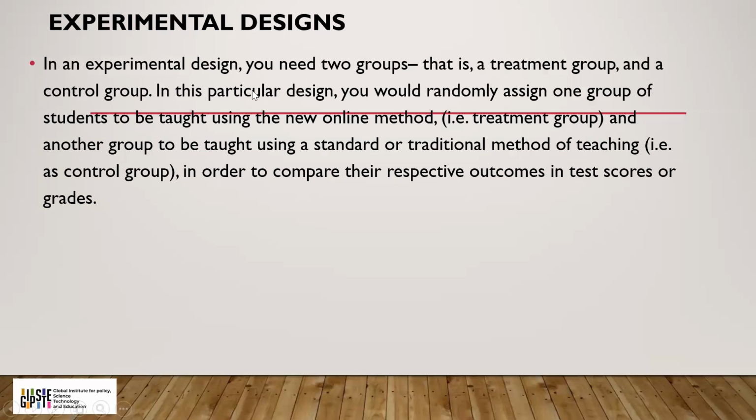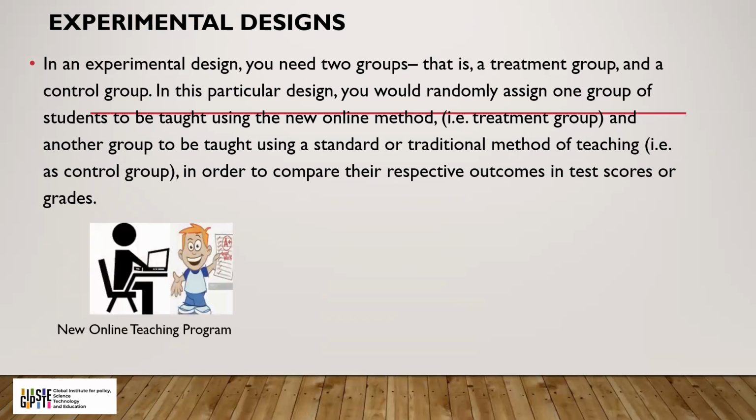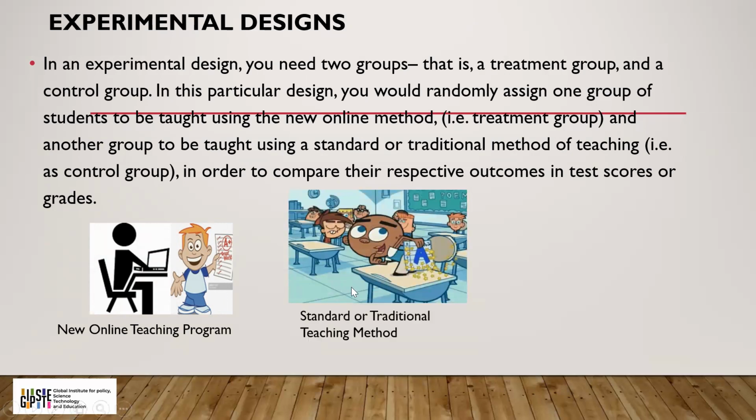In this particular design, you randomly assign one group of students to be taught using the new online program. Those that will be taught by the new online program will be the treatment group. Another group will be taught using a standard or traditional method of teaching, and that group will be termed the control group.